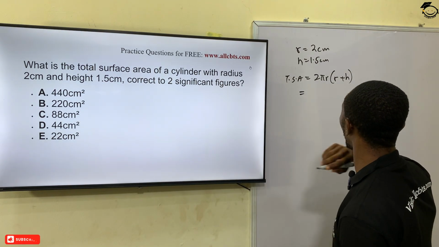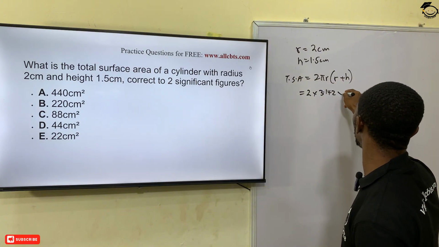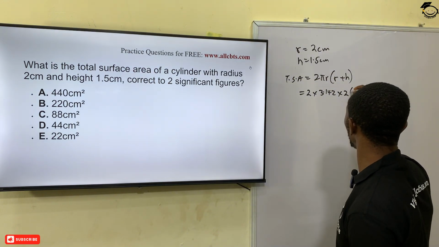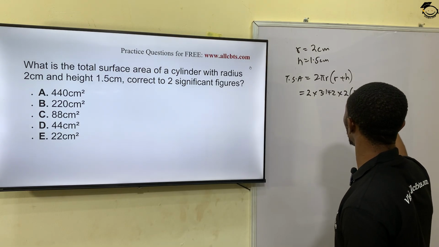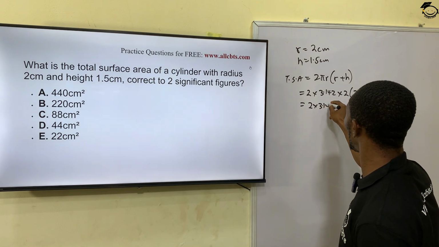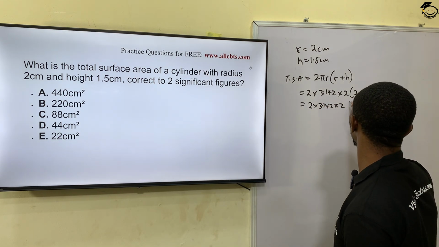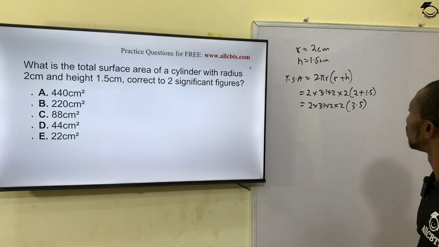Now, using this formula, we have it as 2 times 3.142 times our radius 2, times 2 plus 1.5. Now this gives us 2 times 3.142 times 2 times 3.5.